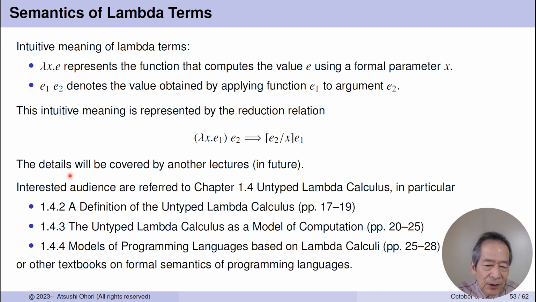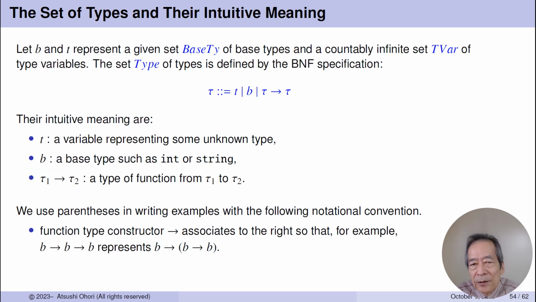Actually, I have intention to provide a video lecture in some future dealing with these lambda calculus, semantics, and syntactic property. So now let's turn to our main topic of type systems and type inference property.